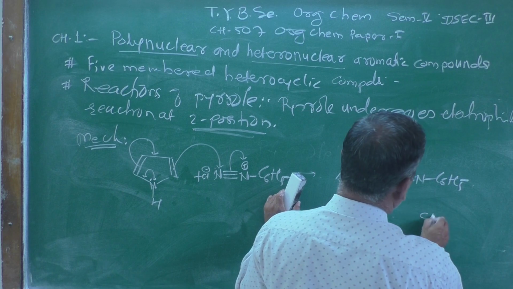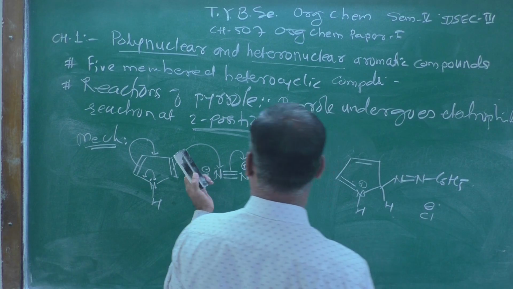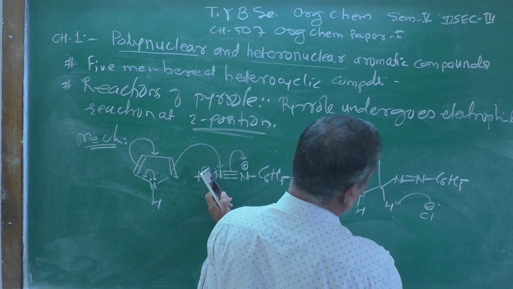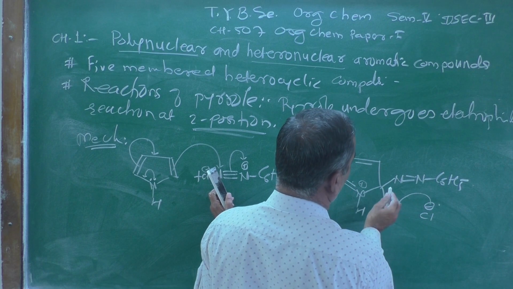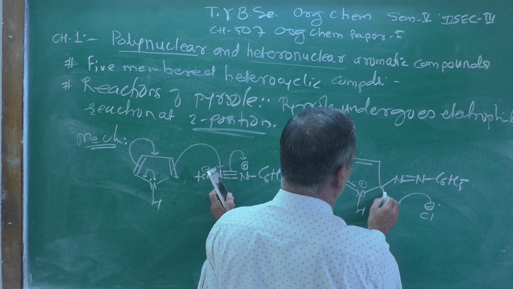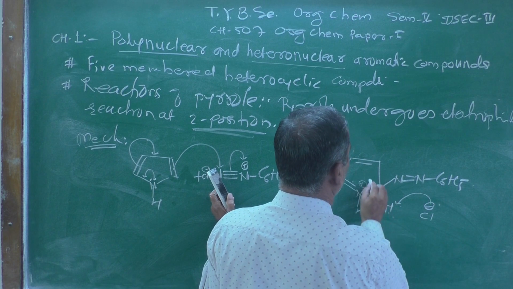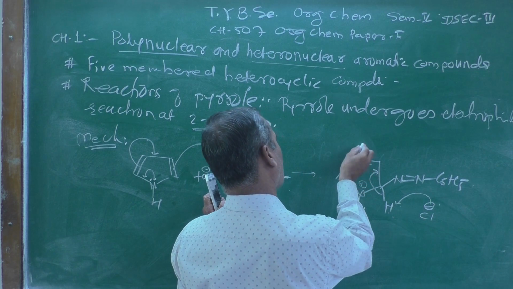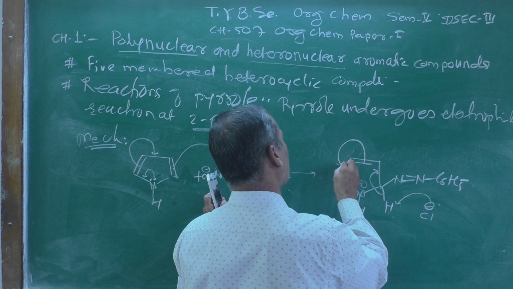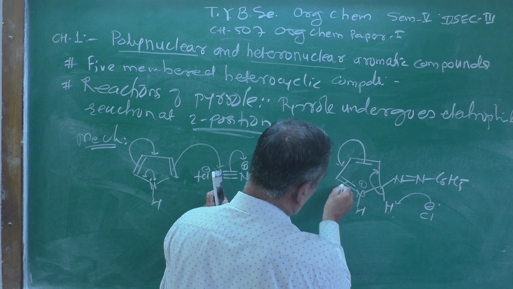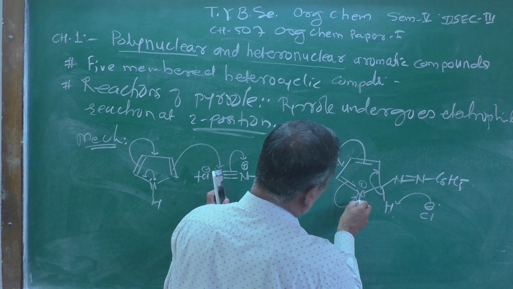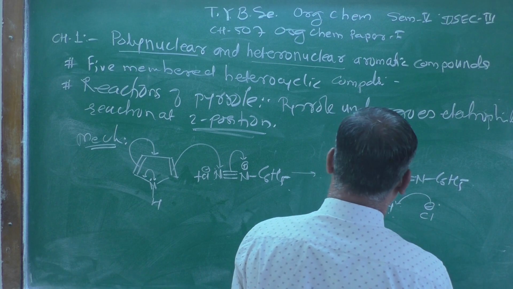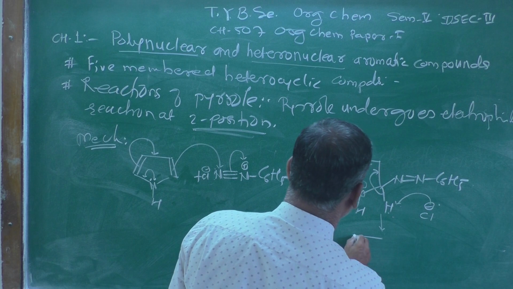Now this Cl minus is a conjugate base, which is going to abstract that hydrogen atom from here, and then it forms a double bond over there, and this double bond is pushed from here to here, and this double bond again neutralizes that positive charge, so that the product is formed.